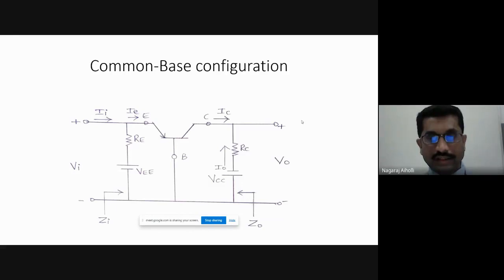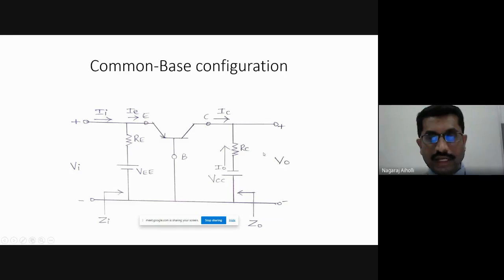Here one resistance is ro, the output resistance. This is connected in parallel with RC. Therefore ro, as it is a high value in terms of mega ohms, when connected in parallel with RC, the equivalent resistance is equal to the smaller value, RC.